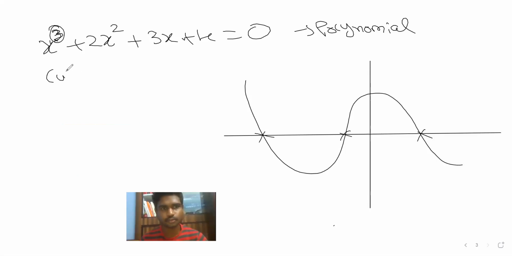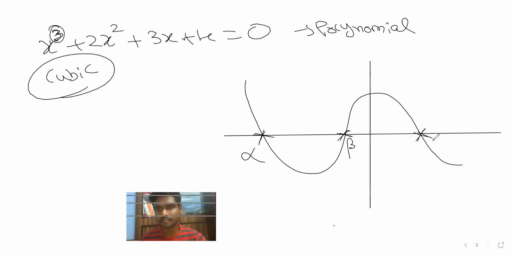And we know if the power is 3, we should have 3 roots: alpha, beta, and gamma. So this is a polynomial with power 3.